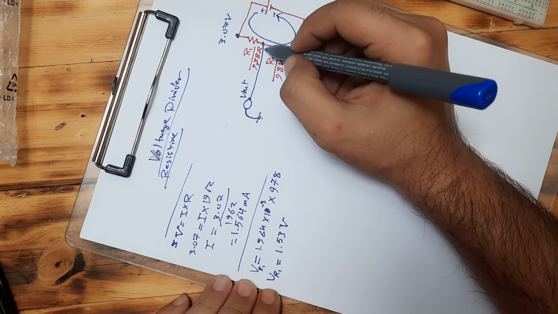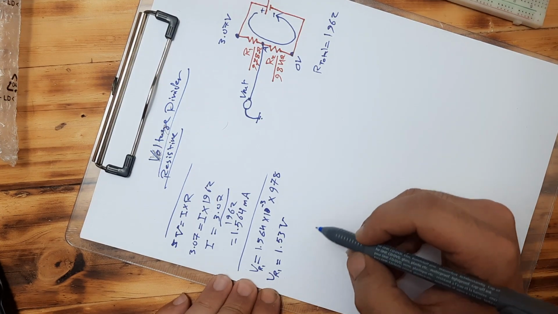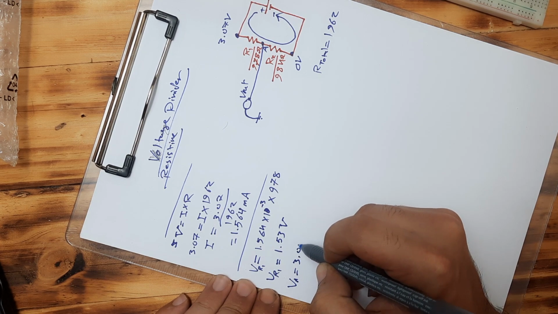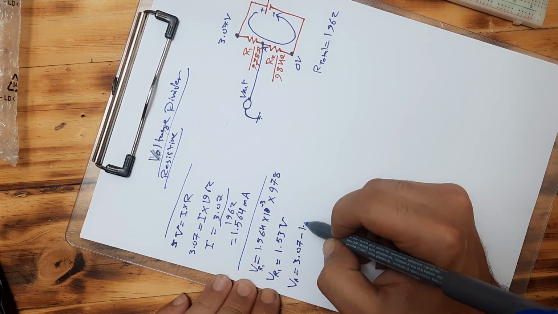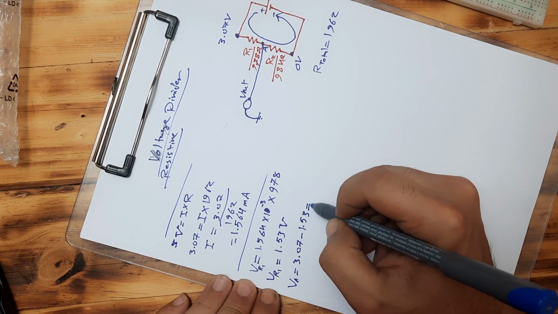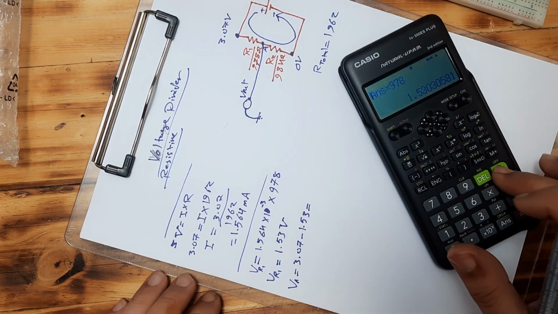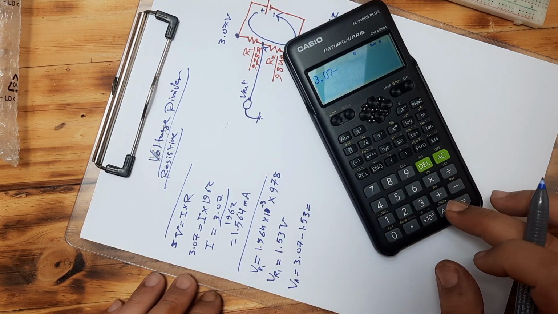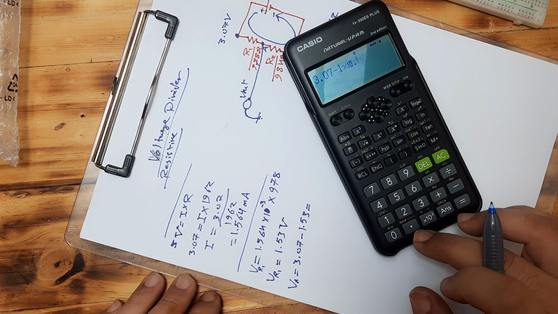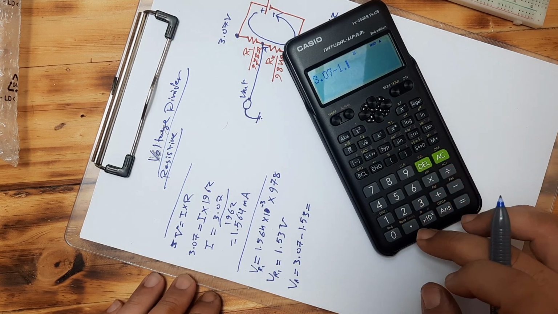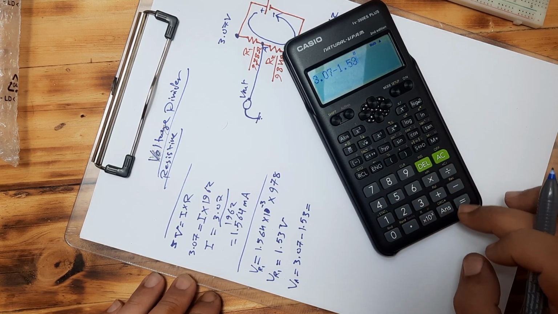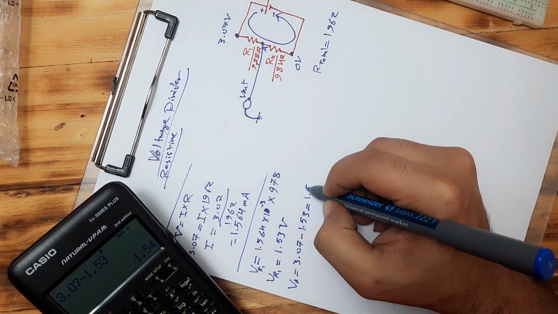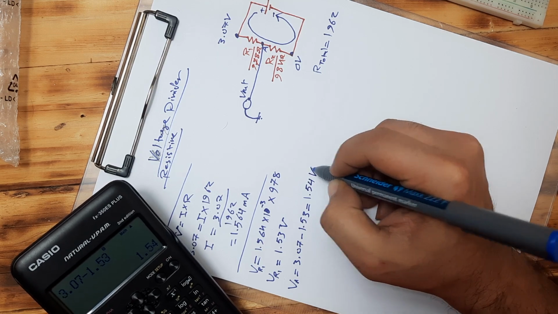Since we have this voltage drop across R1, the voltage at this node here, let's call this the A node, will be 3.07 minus 1.53, which equals 1.54 volts.